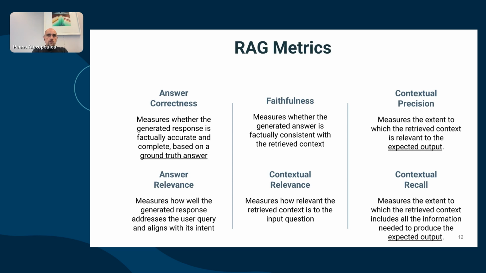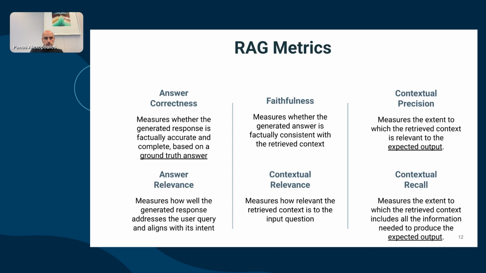This is a useful metric to evaluate whether our system works well or not, but it's not really useful for debugging purposes, which means that if for some reason we get a low answer correctness, we cannot know just from this metric whether the problem is in the retrieval, in the generation, or in our knowledge graph.